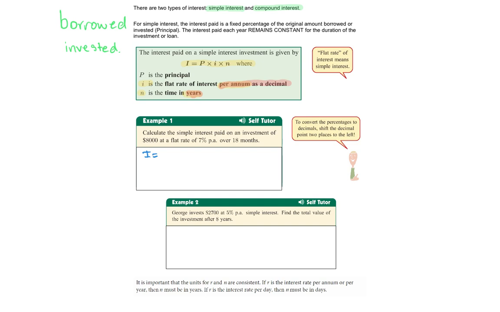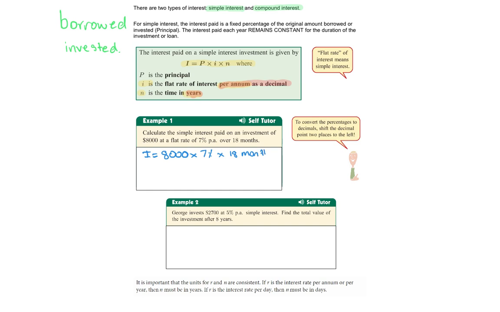So I equals P times R times N. So $8,000, now we need the interest rate as a decimal. How do we get 7% as a decimal?